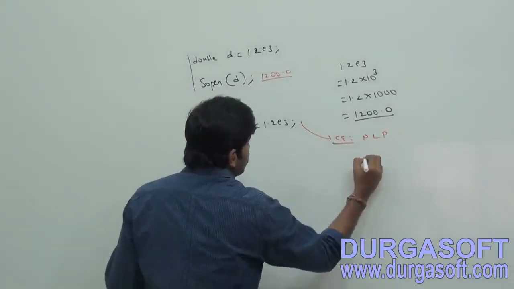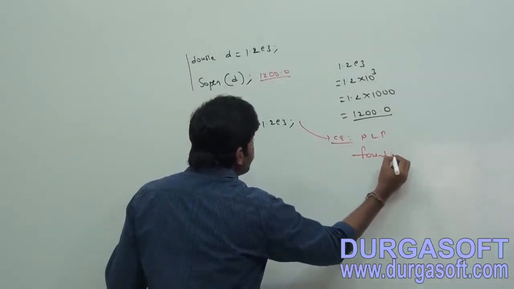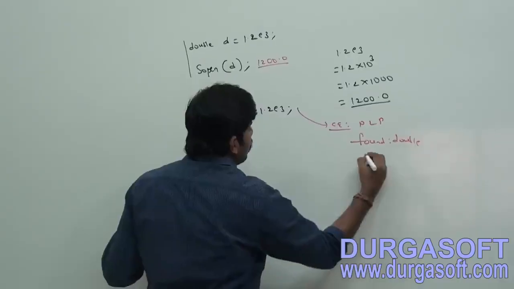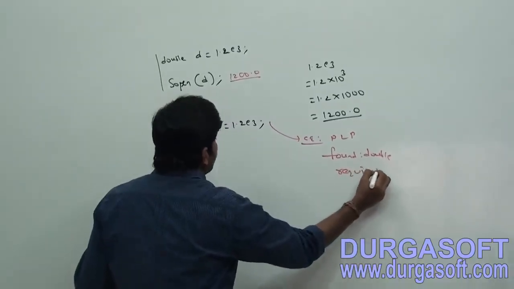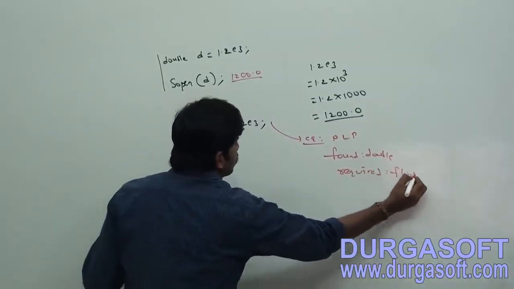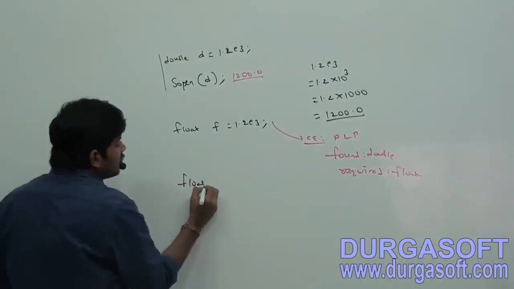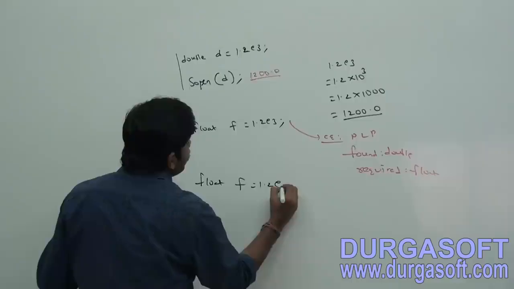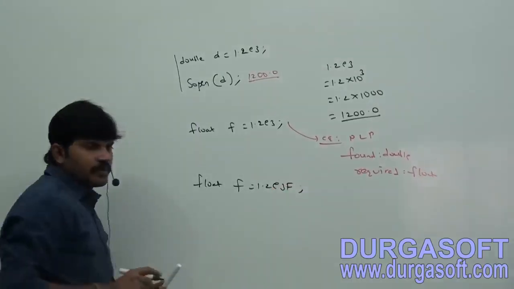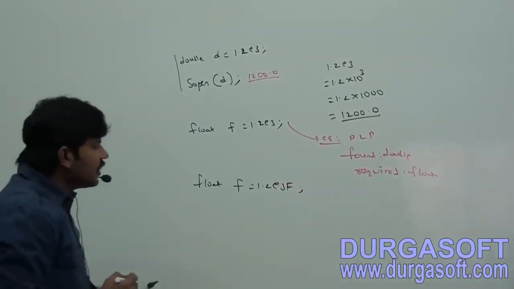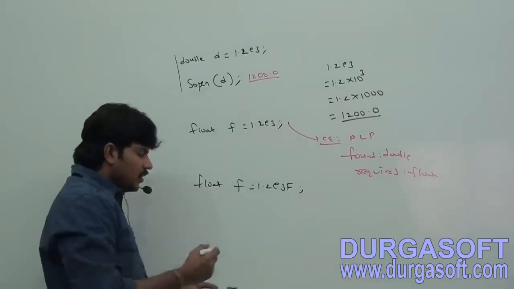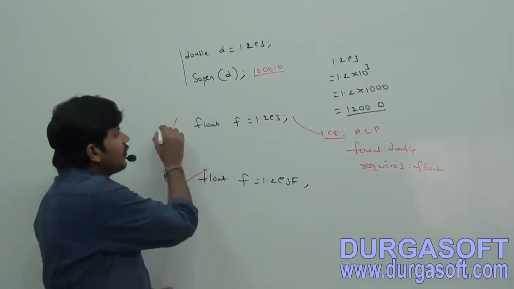Possible loss of precision, found double, but required float. Next, float f = 1.2e3f. Is it valid or invalid? This one is perfectly valid, right?